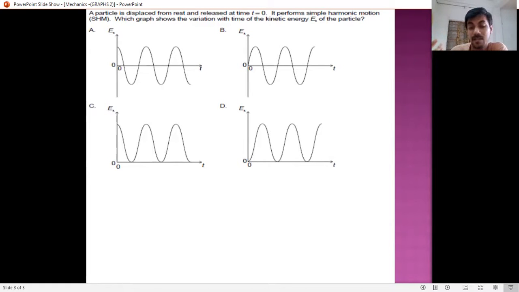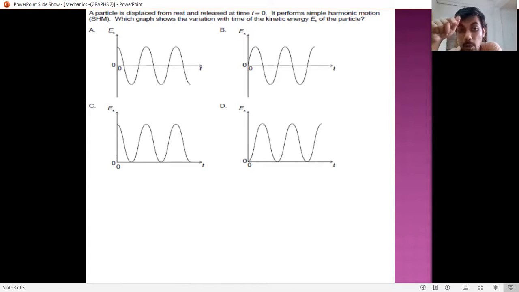So if you square it, you can understand it will vary from 0 to +1. It cannot be negative, which means we immediately rule out the first two options, A and B, because over there the kinetic energy or the velocity square function is shown to be having both positive and negative values, which is impossible. So we have to deal with option C or D, but which one between the two?